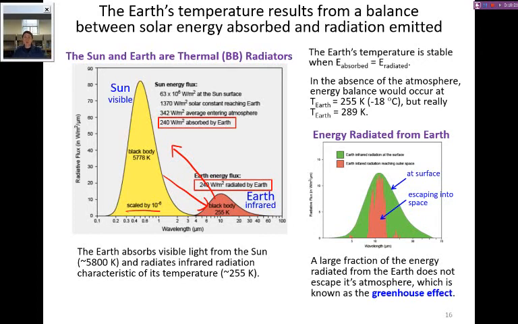Now, in terms of the energy that's radiated from the Earth, there's a couple things to notice. First of all, a large fraction of the energy that's radiated from the Earth does not escape the atmosphere.